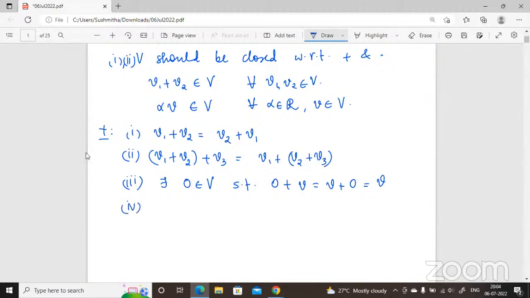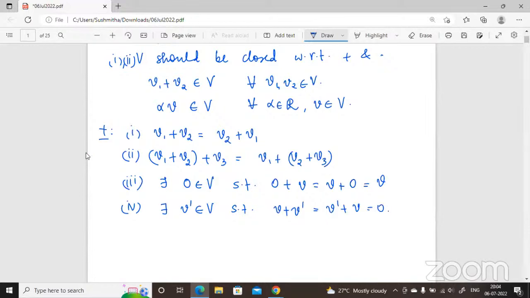And then the existence of additive inverse. There is a vector V prime in V such that V plus V prime equals 0. You add V prime with V, and you get the 0 vector that is there in the vector space.